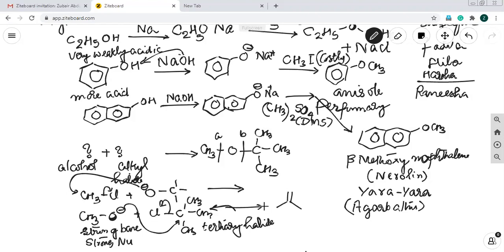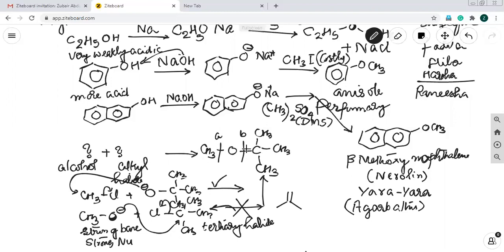Therefore, this compound will not give you this product. You have to take the starting material methyl chloride plus potassium tertiary butoxide or sodium tertiary butoxide will give you this product, not methoxide and tertiary alkyl halide.